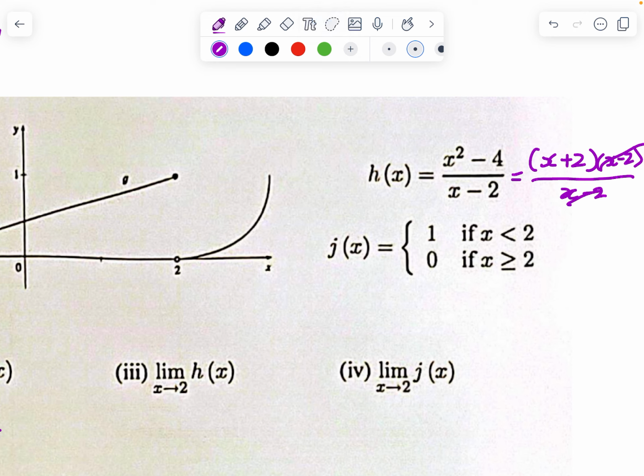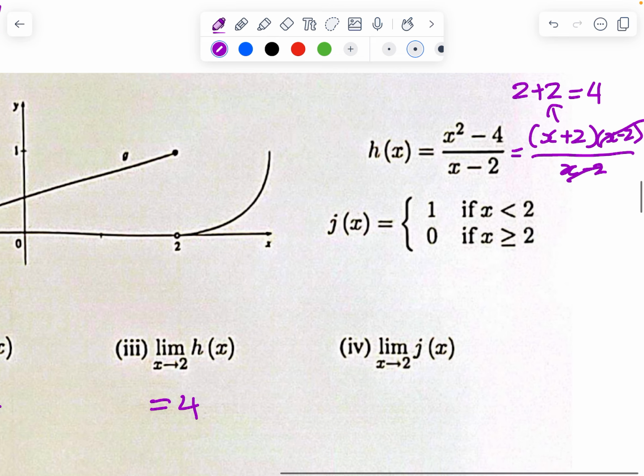And remember, when we have 2 values in the numerator and denominator, and when we cancel out, there is a hole. And so as x approaches 2, when we have an equation like this, we just substitute the x value. So here we cancel out those 2, and we plug in x as 2, we get 2 plus 2, which is 4. So here the value would be 4.